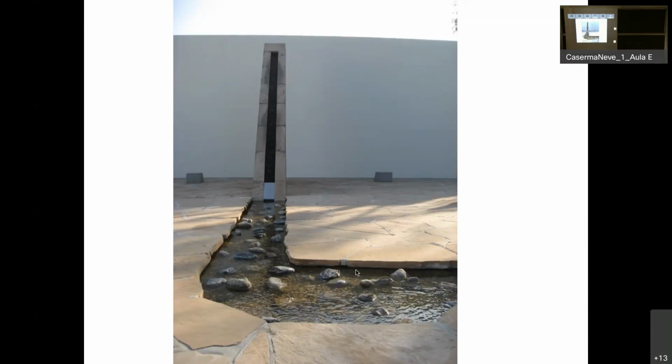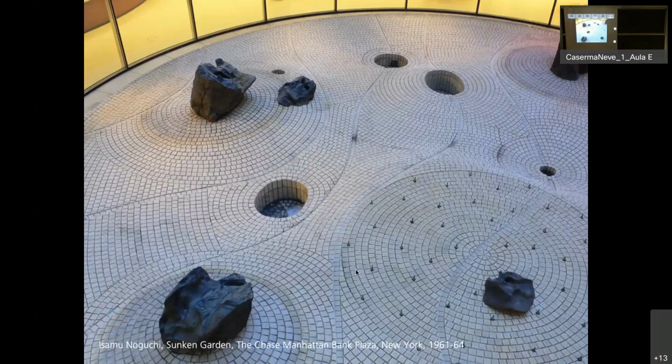Of course, because his attitude as a sculptor to the materials is one that manipulates much more mineral materials. Or in this case, we are in the Chase Manhattan Plaza in New York. So it's not a public space that you can actually walk on. It is a public space that you are meant to look at from above.